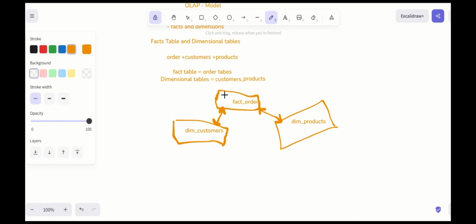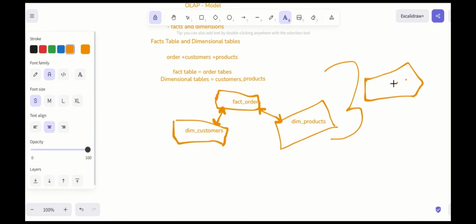So this kind of data model is what we call a star schema.